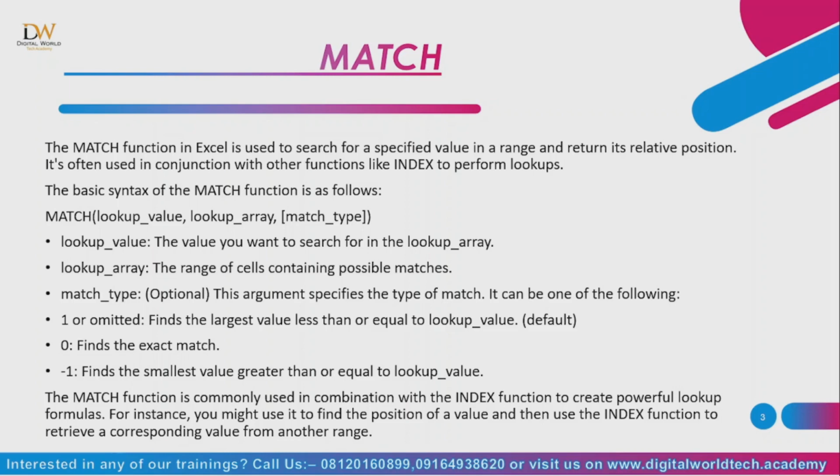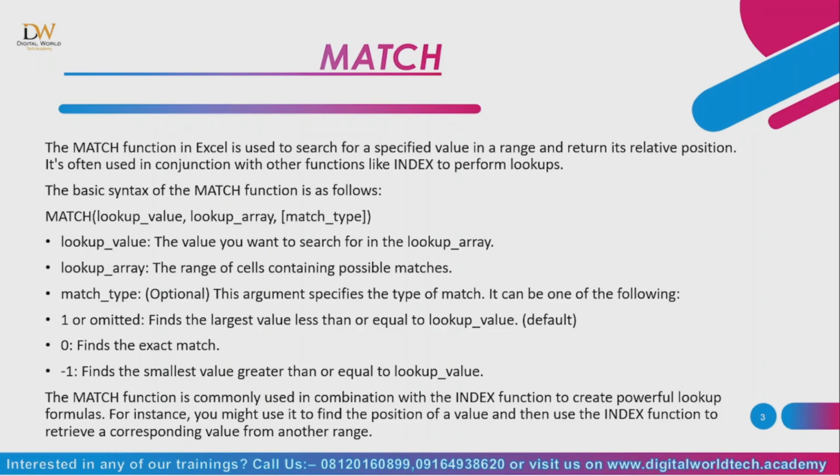The lookup array is the range of cells containing possible matches. Then the match type is also optional. This argument specifies the type of match that you want to use. It can be one of the following.